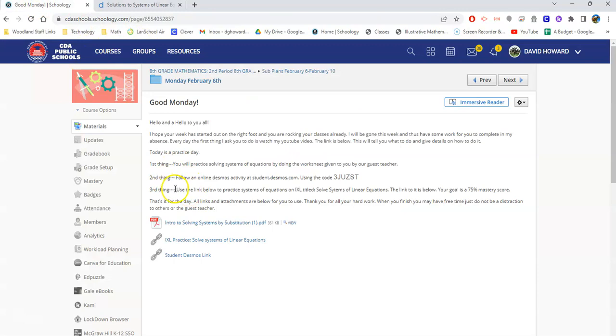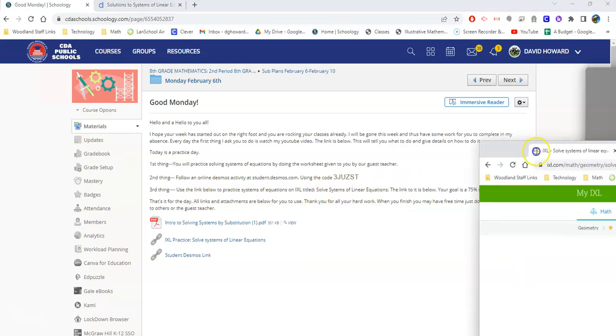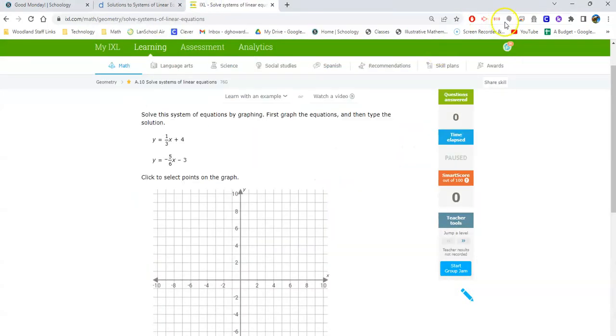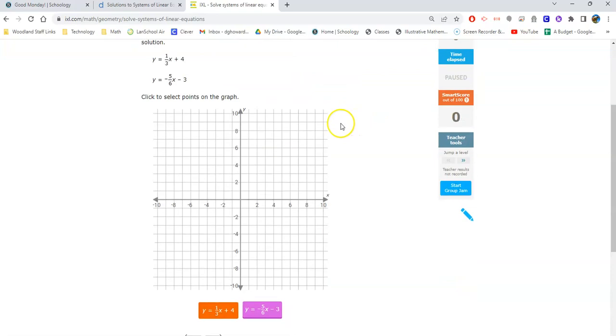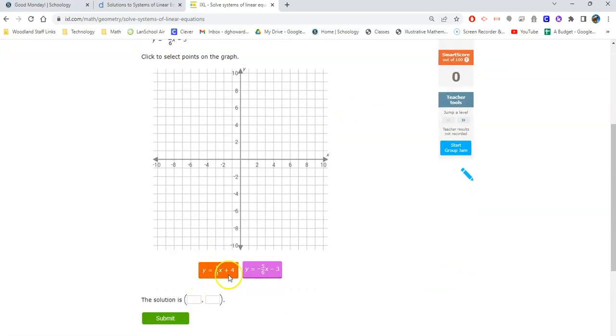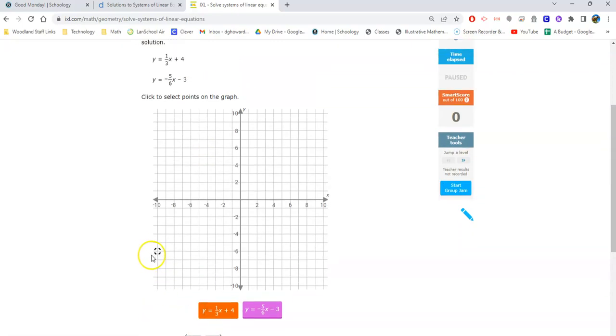When you're done with that, you're going to go to IXL and practice some math. It's called Solving Systems of Linear Equations. It looks like this. There's a link on this page, and it says solve the system by graphing. First graph the equation, then type the answer. You have these two equations, and you're going to graph them. Down here, you click which one you're doing. I'm clicking the 1/3 x plus 4.